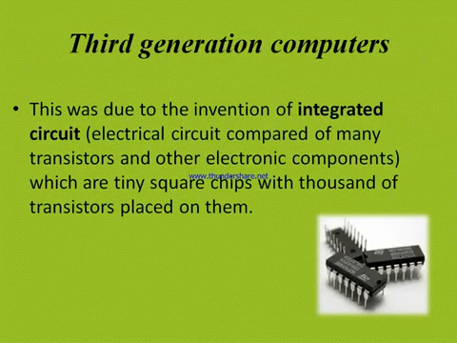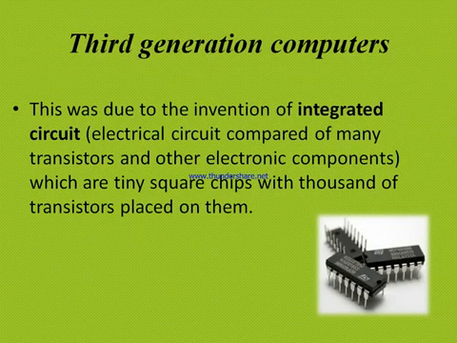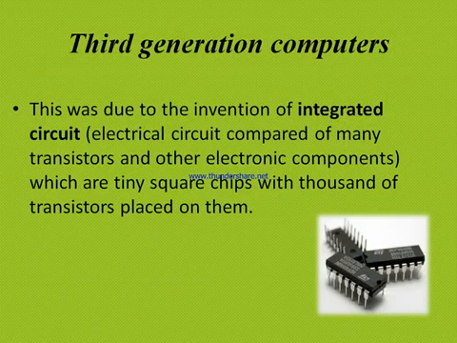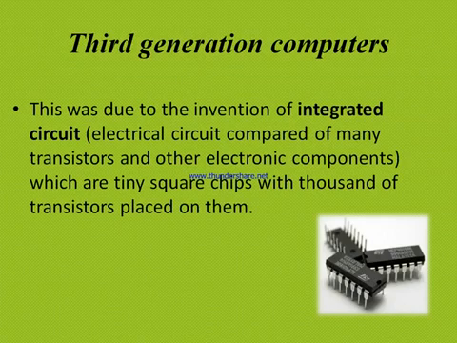Now coming towards third generation computers. This was due to the invention of integrated circuit or electrical circuit composed of many transistors and other electronic components, which are tiny square chips with thousands of transistors placed on them.